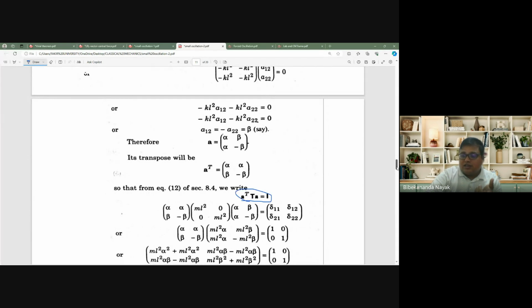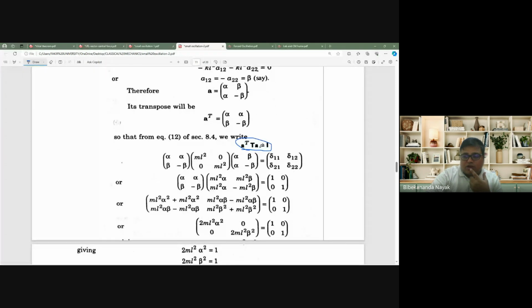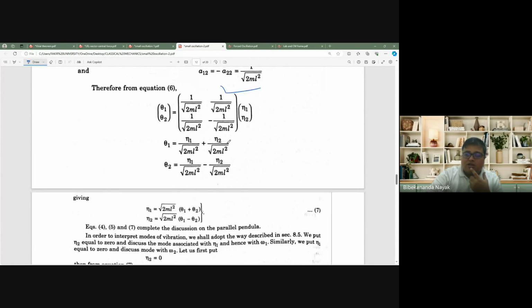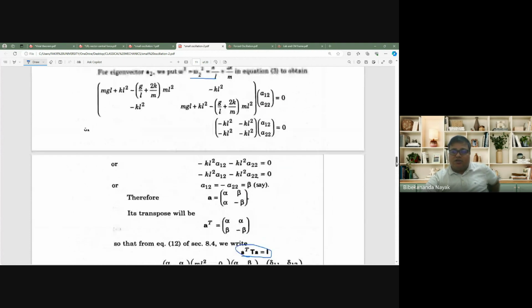That means the diagonal elements are 1 and the off-diagonal is 0. You find the exact value of alpha and beta. We found alpha is equal to beta, 1 by root 2. So we got the exact A matrix and obviously theta 1, theta 2. Clear? The mathematical details given here you can easily understand.